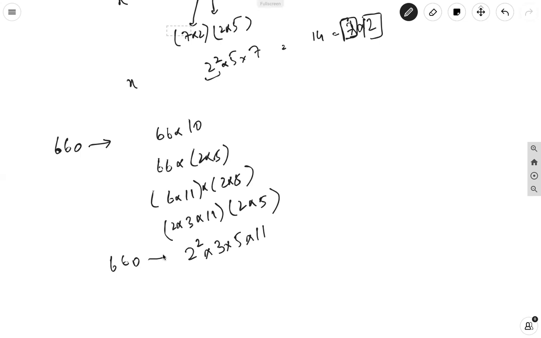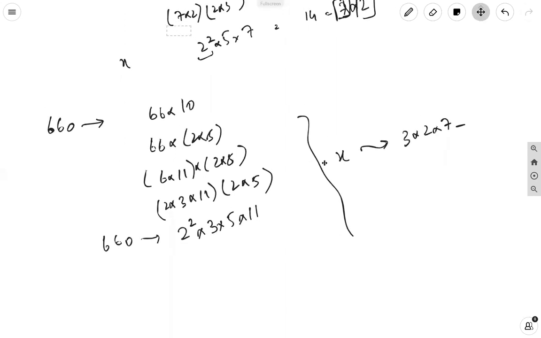This is 660. Now for x, we saw that it will be some multiple of 3, 2, and 7, right? So what could be the HCF of these two?